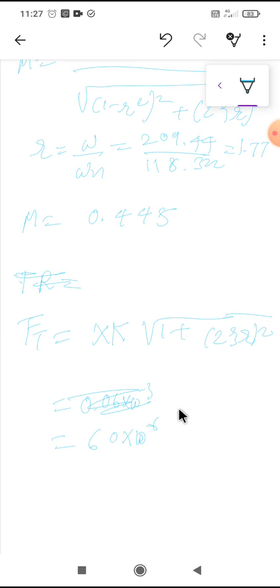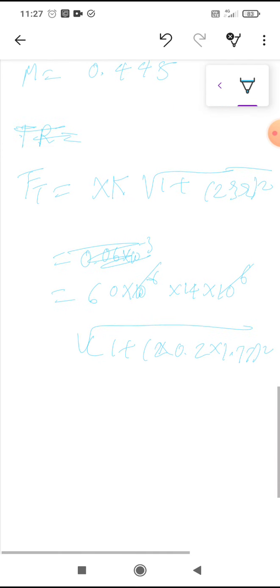And k is 14 into 10 raised to plus 6, so minus 6 plus 6 get cancelled, and the square root of 1 plus 2 zeta r. Do we have zeta? Yes, zeta is 0.2. And r is 1.77, whole square.